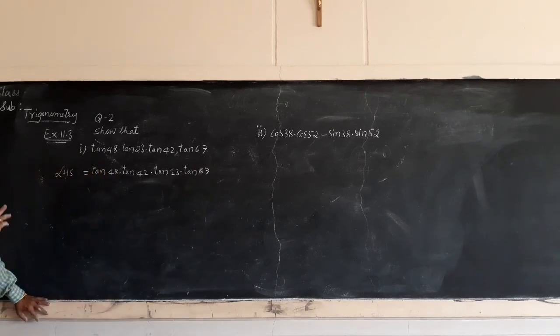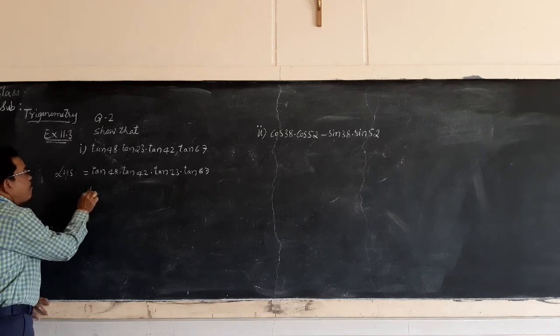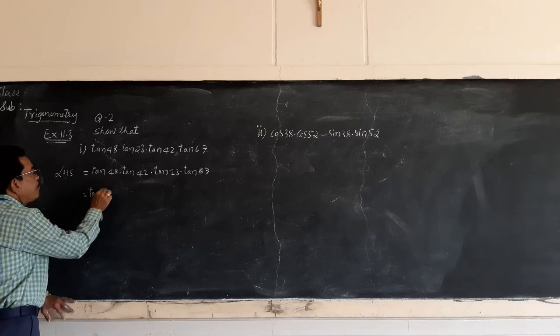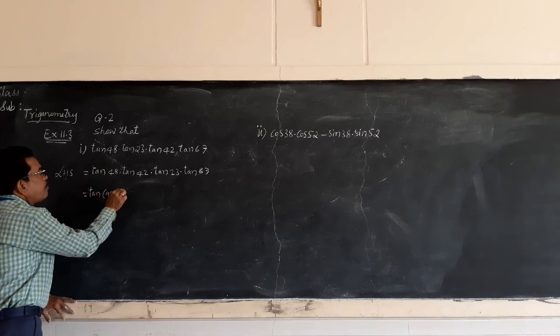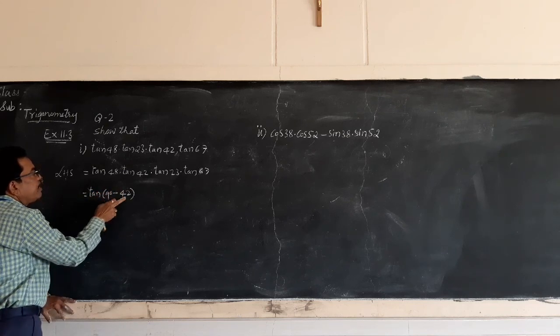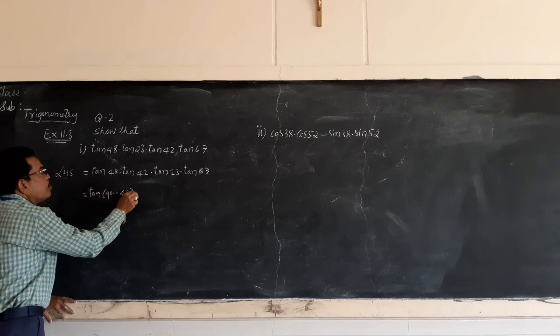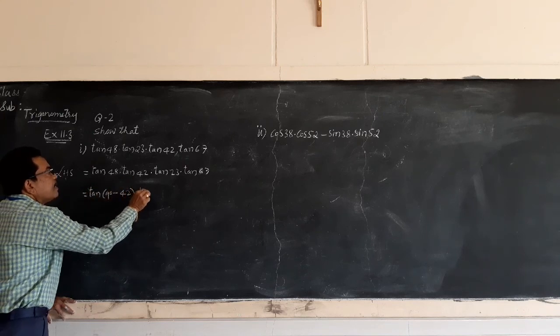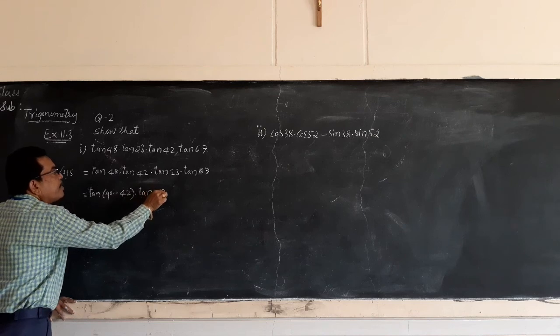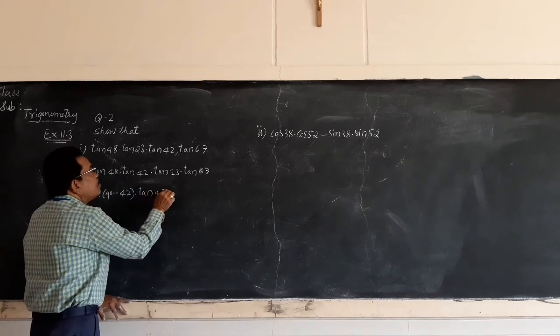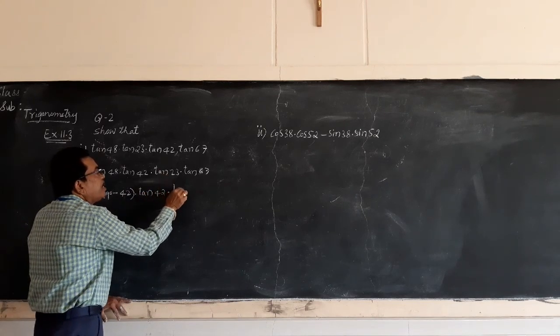We have to show it equals 1. So tan of 90 minus 42, 90 minus 42 is 48. So this one keep as it is. Tan 48 into tan 23.